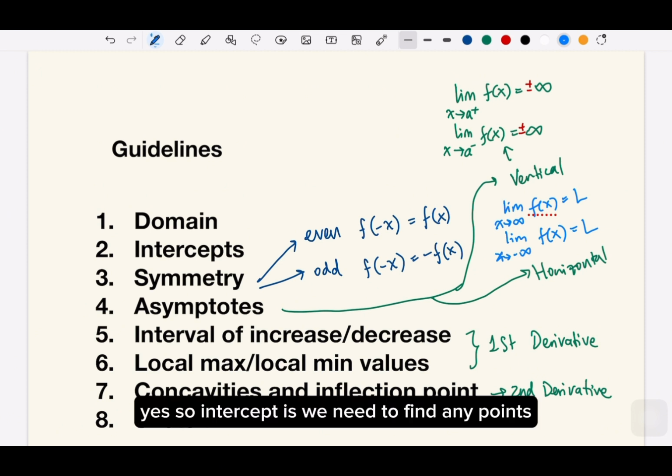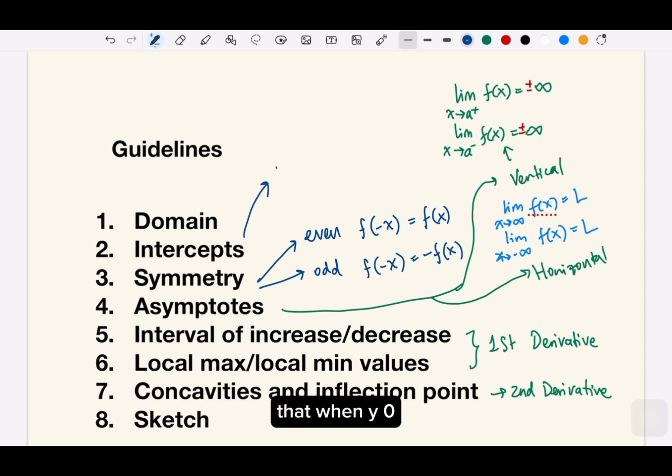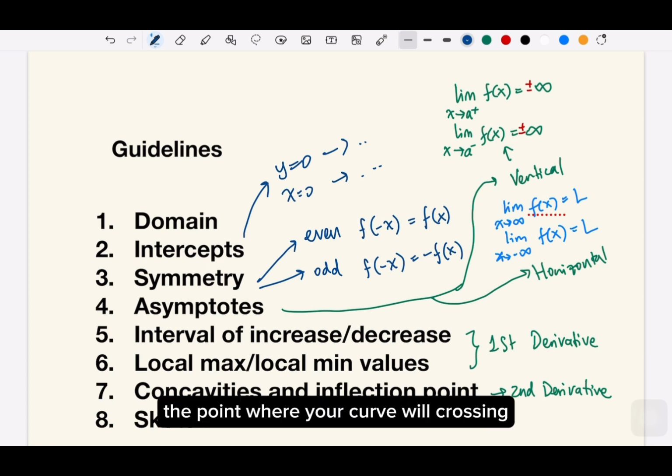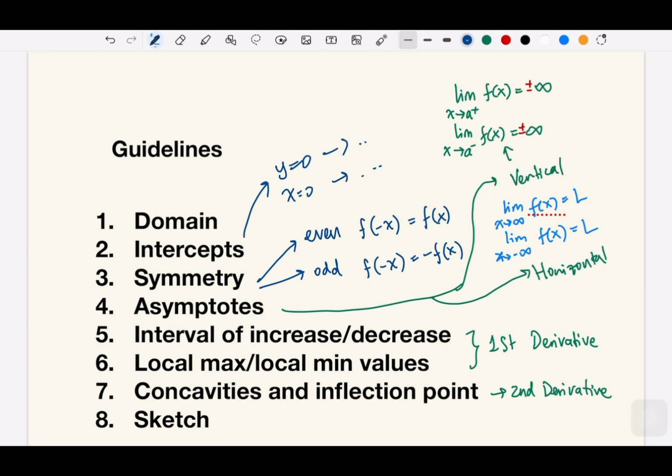So intercept is, we need to find any points where, when y is 0, we find x, and when x is 0, we find y. Or it means the point where your curve crosses either the x-axis or y-axis. Those are the intercepts.